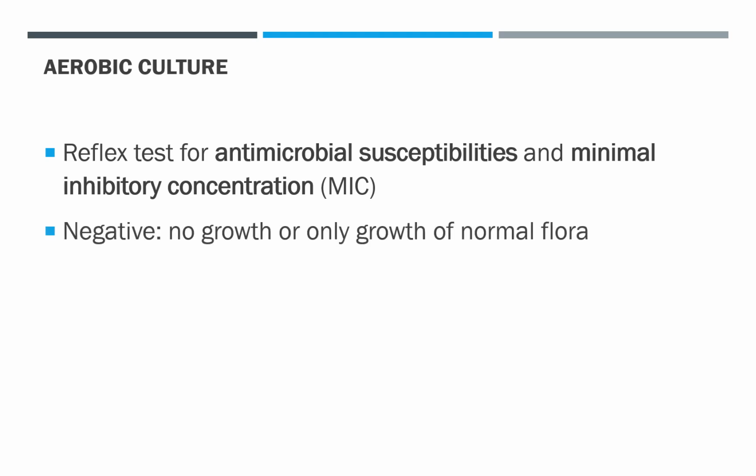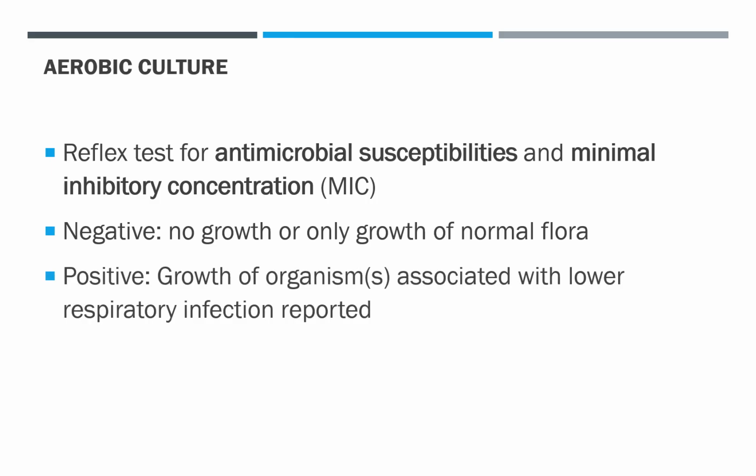Negative result would mean that there's no growth or only normal flora of the mouth. Positive test here would indicate the growth of organisms associated with lower respiratory infection, and they'll report which ones.